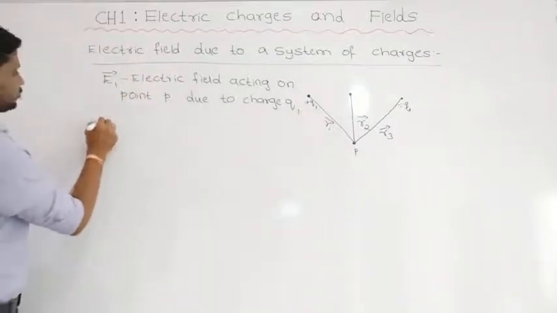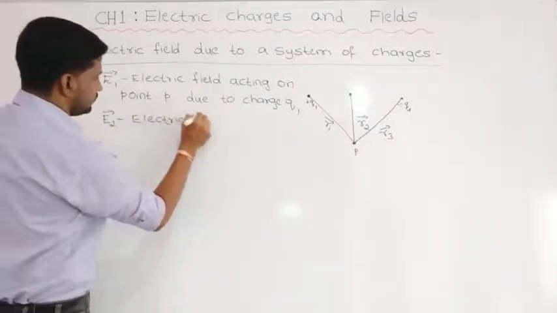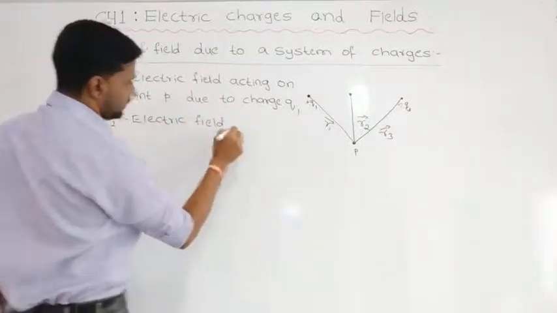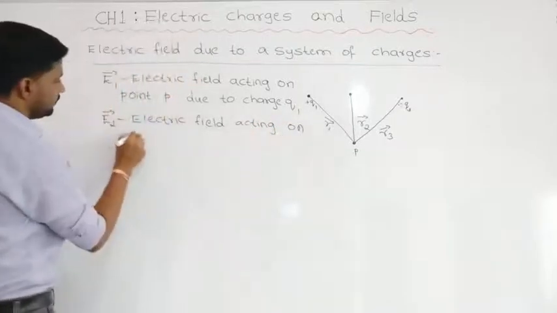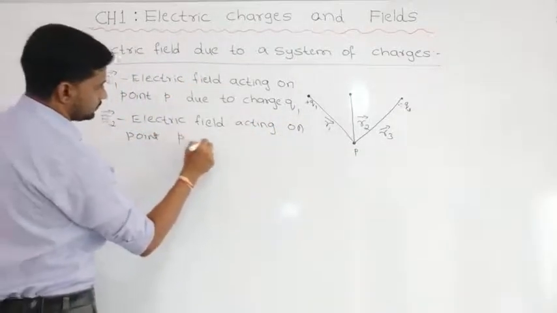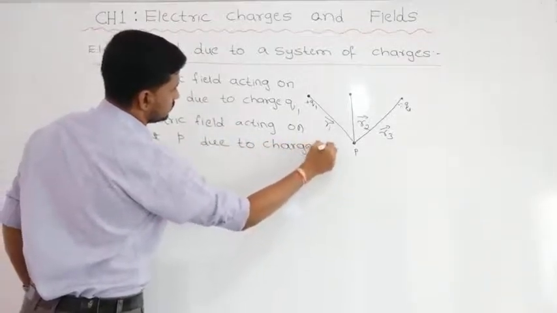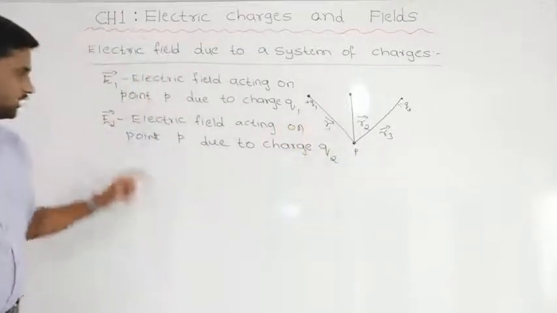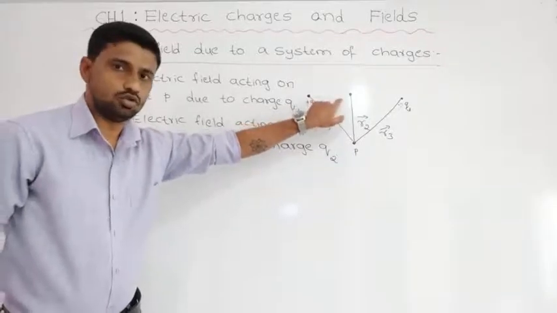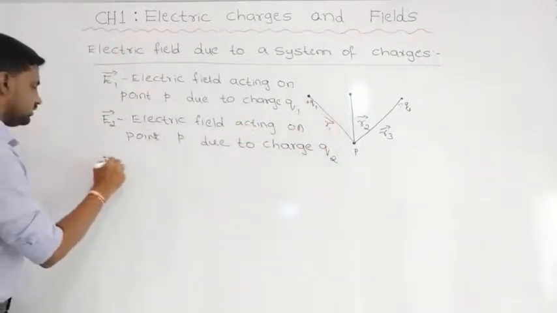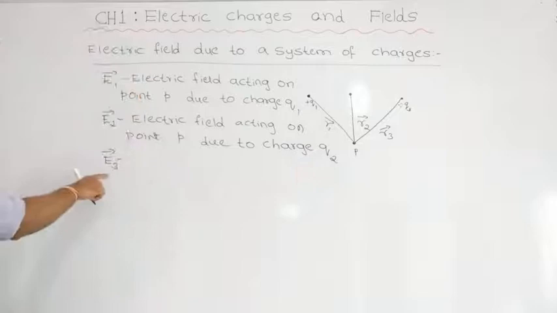Similarly, I am taking E2 vector as the electric field acting on point P due to charge Q2. Similarly, the third charge also produces an electric field at point P, and that one I am taking as E3 vector.